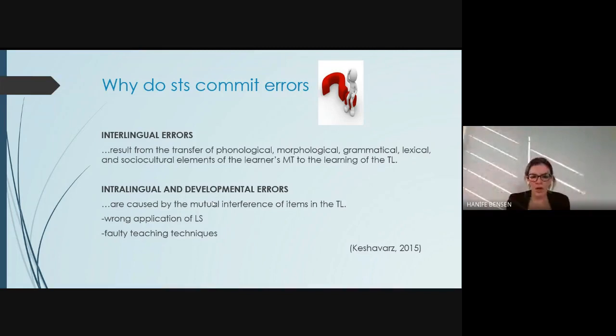They are caused by the mutual interference of items in the target language. They are wrong applications of learning strategies that the students have employed, or faulty teaching techniques. So the teacher has incorrectly taught these students something, and these students are producing these erroneous utterances.